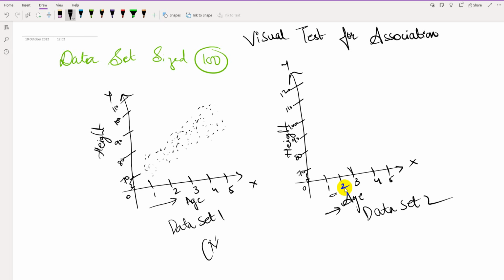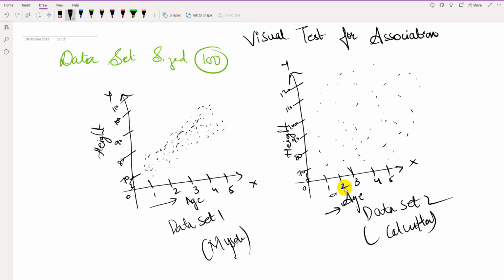Suppose I have conducted this test in Mysore. Here I have conducted it for Calcutta. The data set sizes are the same, 100. So this is the data set drawn for Calcutta.